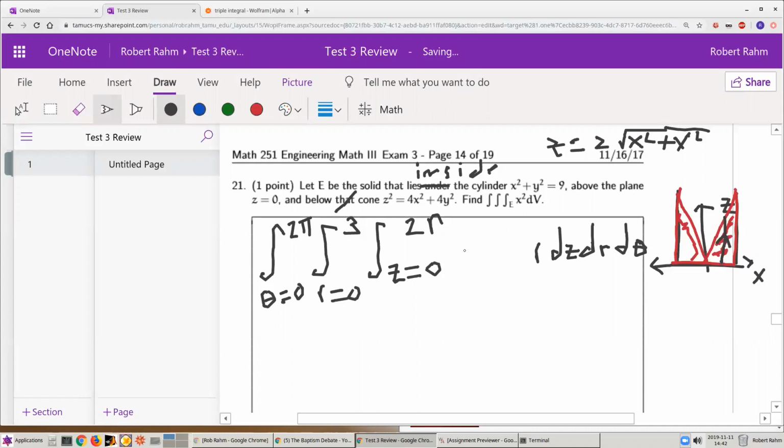So in polar coordinates, that's r squared cosine squared theta.